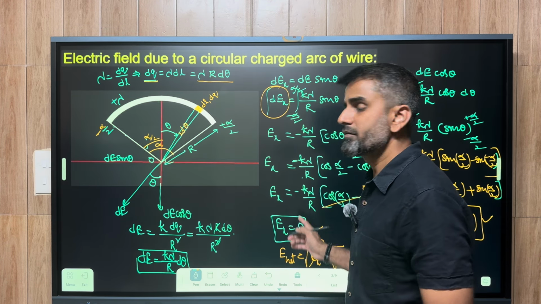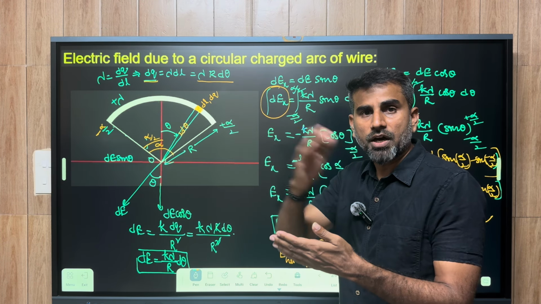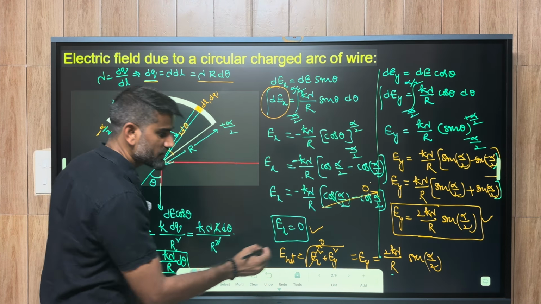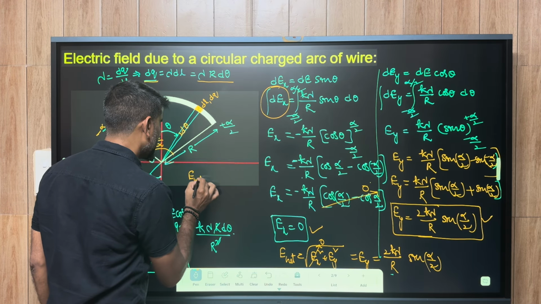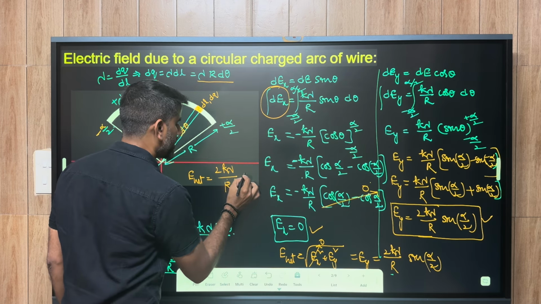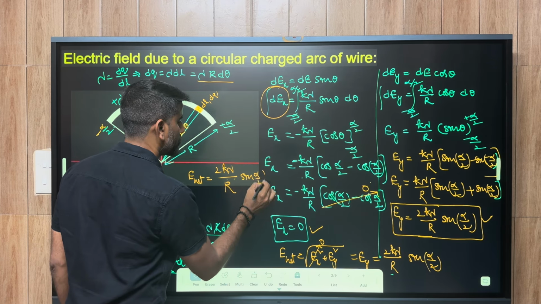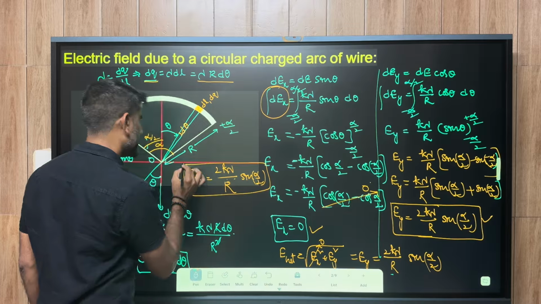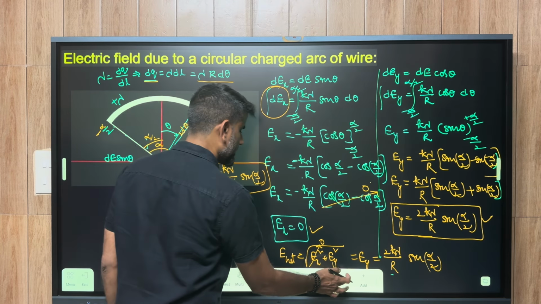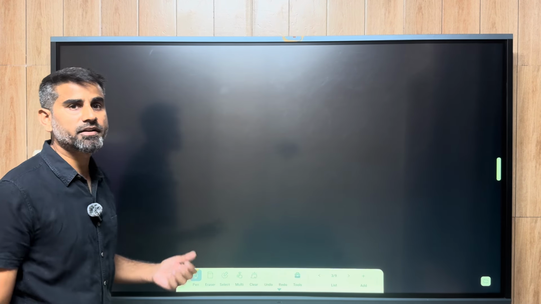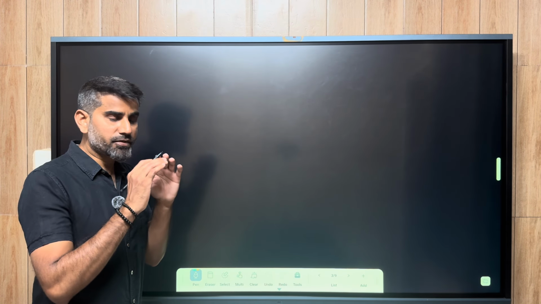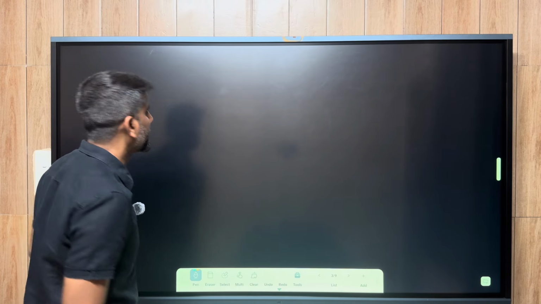We can use this formula for any length of arc. The final result is E net equal to 2k lambda by r into sin alpha by 2. Let's use this formula to find the electric field due to different sections of a ring, different lengths of circular ring.